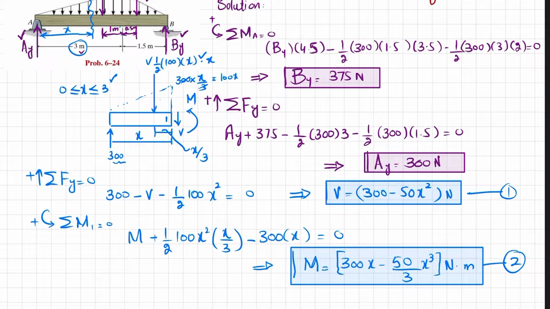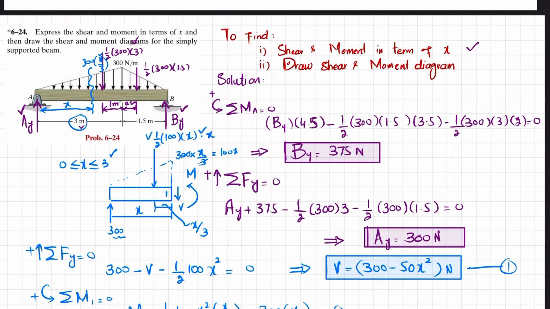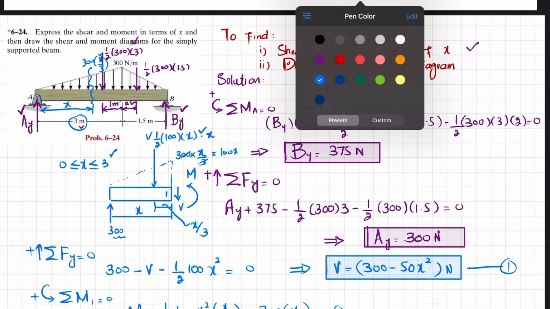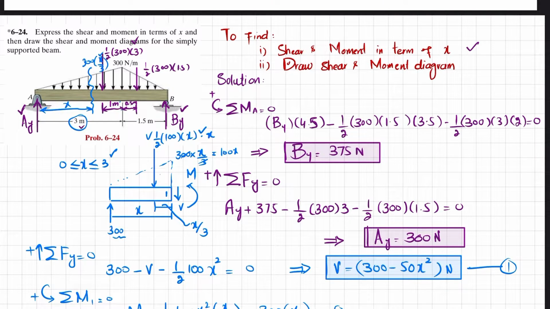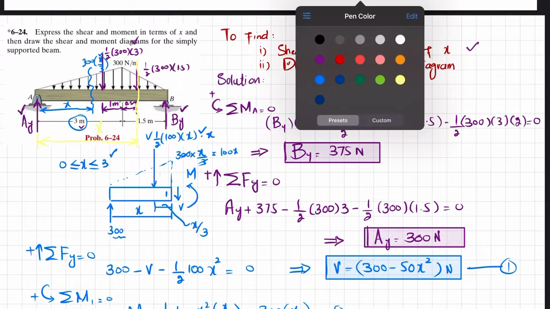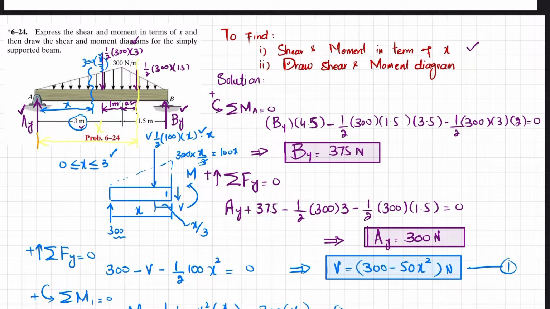Now, what if I cut this beam? I will choose another color. Let's choose yellow. Let's say you cut the beam over here, and let this be your total x. We will choose another color so that it can be visible. So this is your x.